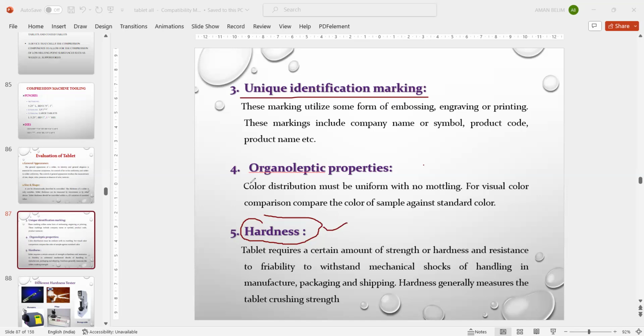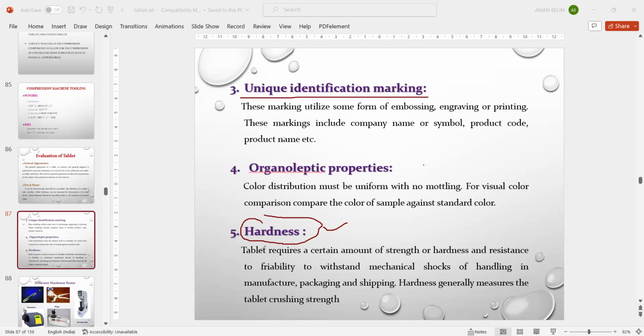Although it's non-official, the hardness of a tablet is very important, and it is directly correlated to friability. That's why they have included friability in the official test. If a tablet passes the friability test, then definitely its hardness would also be appropriate, because it passes the friability test.